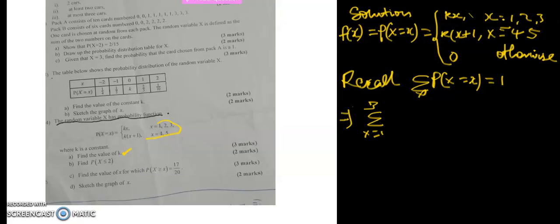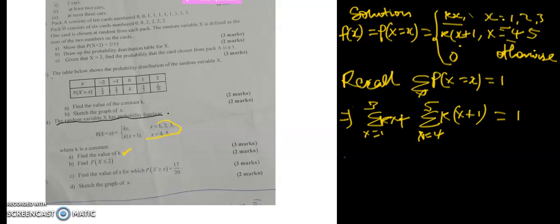So to find the value of k, we have kx here, like it is indicated, kx plus the summation of x equal to 4 up to 5 of k times x plus 1, and all this must be equal to 1 according to the formula and according to our definition of what a discrete random variable is.